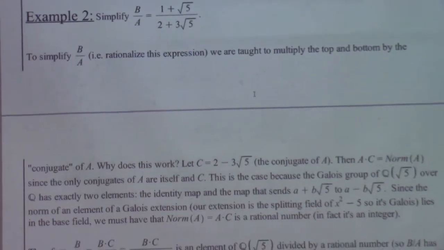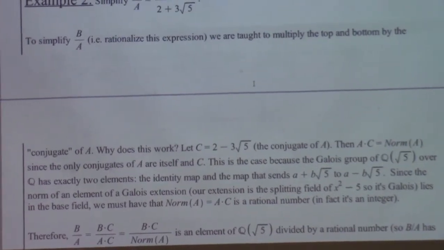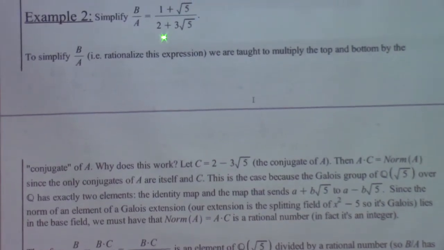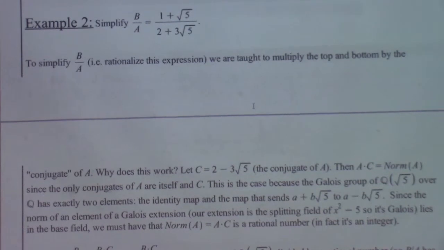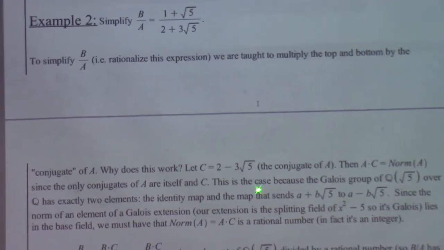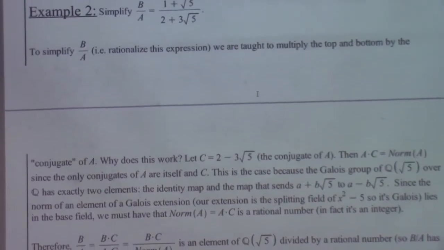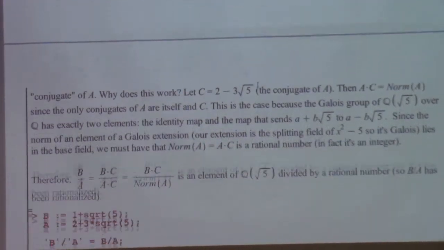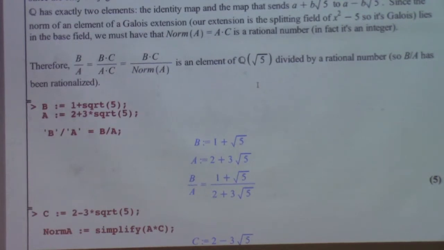So here's an example. Again, pretty simple. Simplify B over A. He multiplies by the conjugate of that, which in this case is not the complex conjugate, it's the Galois conjugate already, right? And of course, if you do that, what happens? Well, you know what happens.